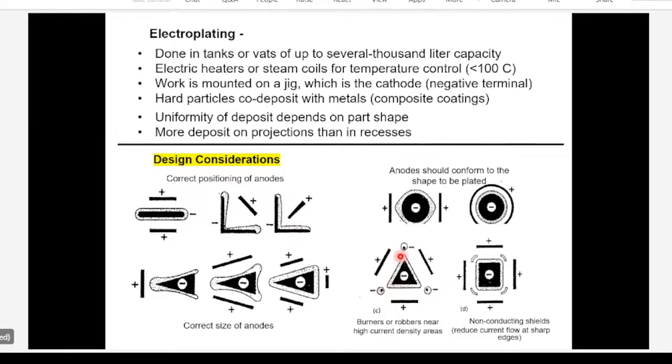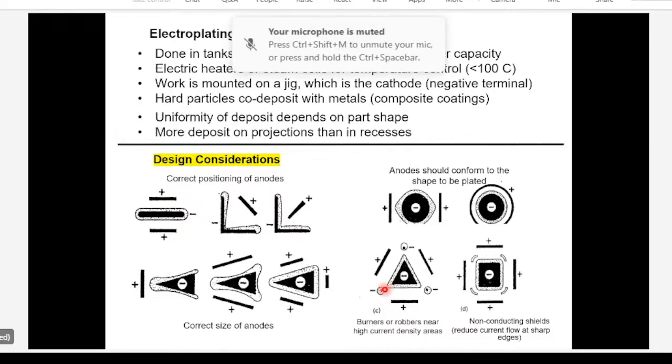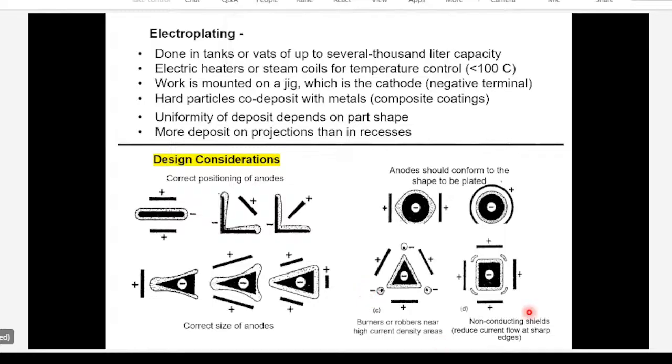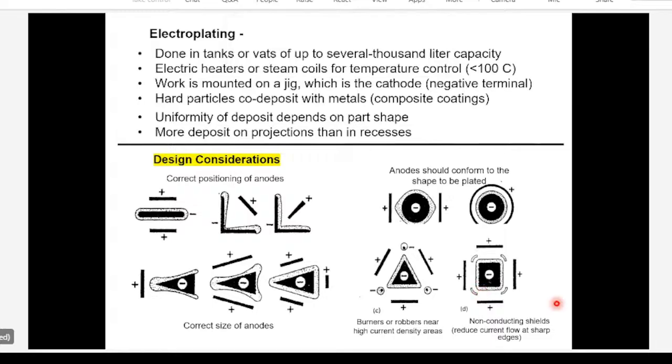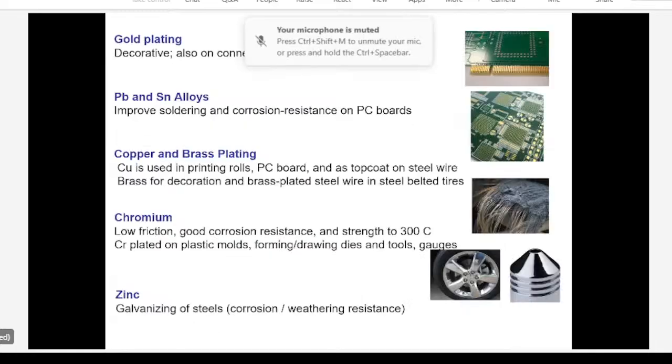If you want a uniform film throughout, you may want to steal away some of the deposits here, which means you put some conductive parts in the tank in these corners to remove some deposition from them. Or you can put non-conductive shields near these corners, plastic shields, to reduce the current density and reduce the amount of deposit. So all those things are done in practice to make parts.